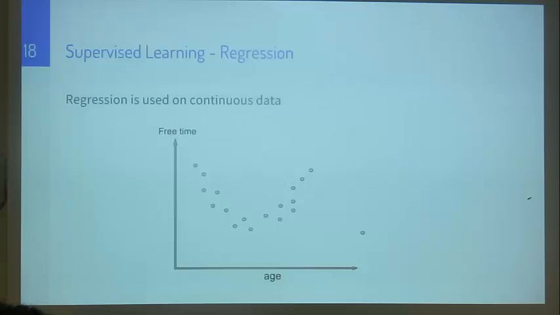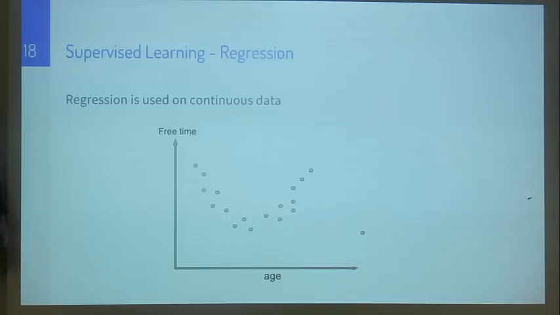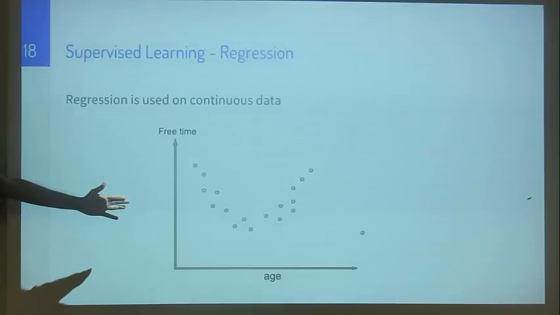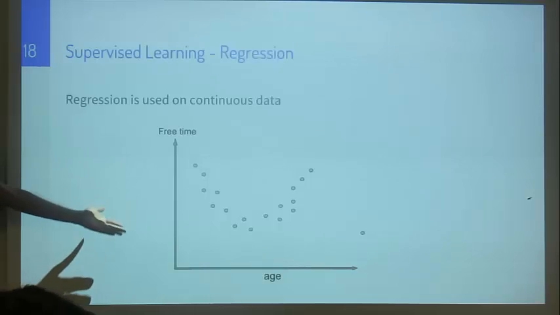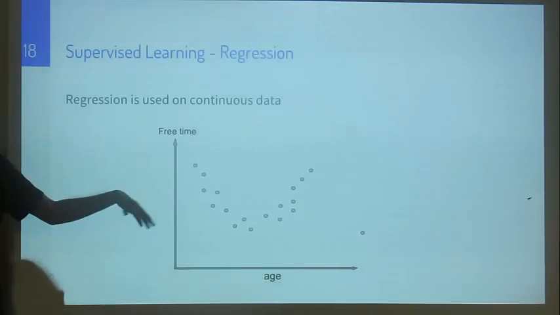Okay, so what we need to do is find the relationship between these two axes. So given any age, we can predict what their free time is. Let's say this is for a specific country, let's say for Sri Lanka, the data points look like this for the amount of people.